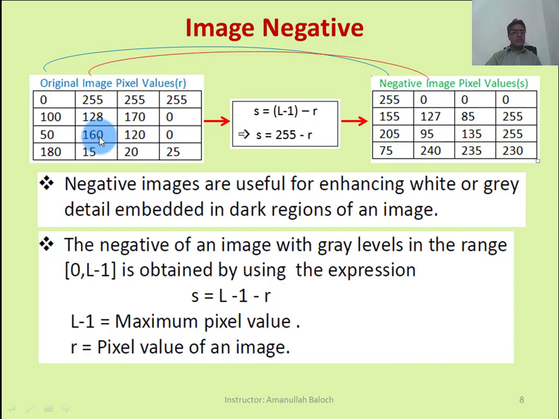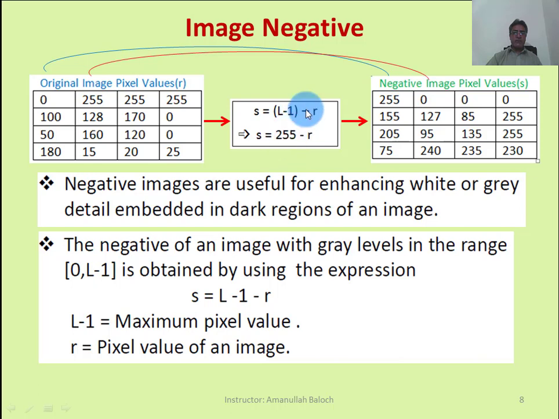So each pixel value of the original image is represented with R, and this is the negative image, and each pixel value of this negative image is represented with S, and this is the transformation function. S is equal to L minus 1 minus R. L is equal to 256, there are 256 gray levels, and 256 minus 1 becomes 255.